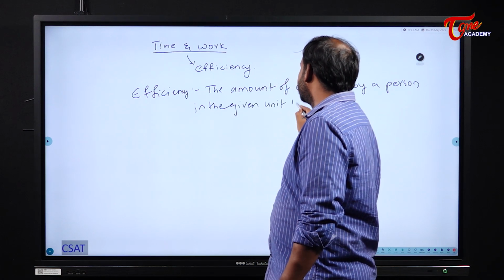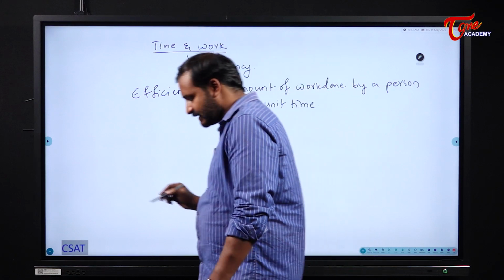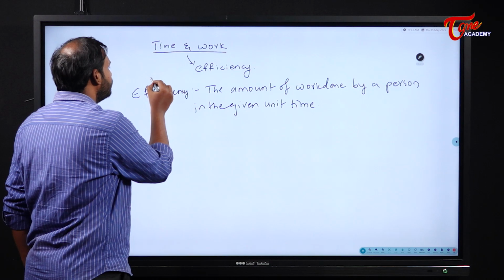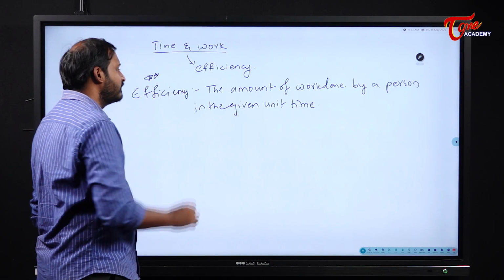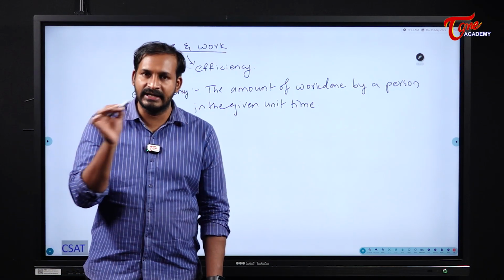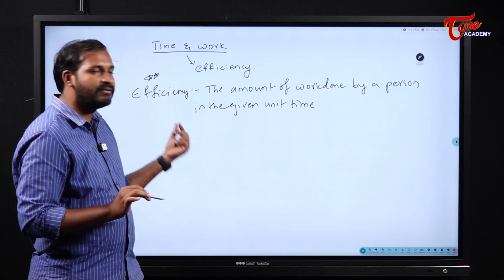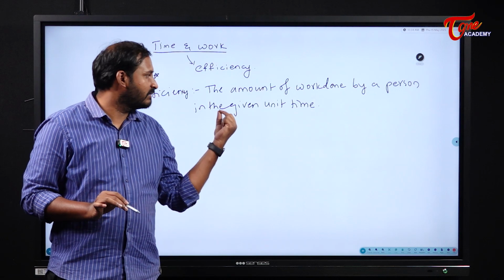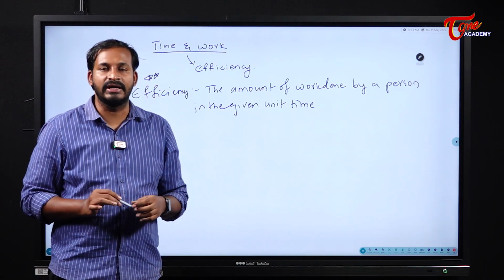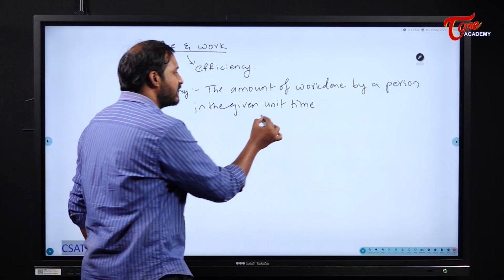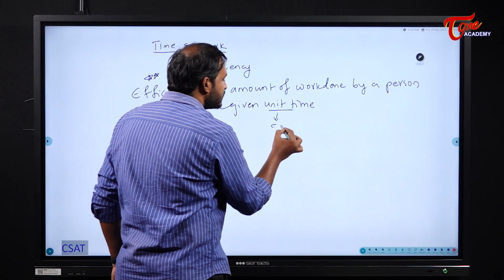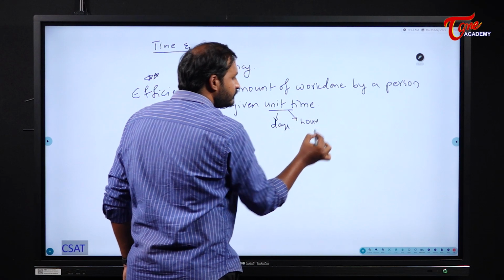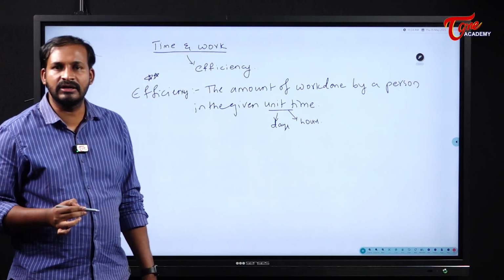Now, sir, how will we relate this efficiency with our time and work concept? See students, our entire time and work we are going to solve with the help of efficiency only. The amount of work done by a person in the given unit time we will call efficiency. That unit time can sometimes be days or sometimes hours, depending on the question.